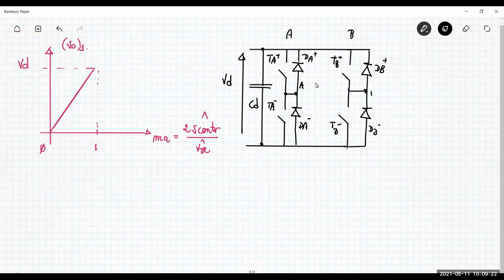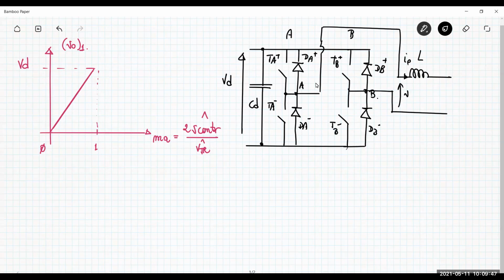Okay, and this is the node B. From the node A and the node B, you can have your load. So you have the inductance L, and so you have the current I naught and the voltage V naught.